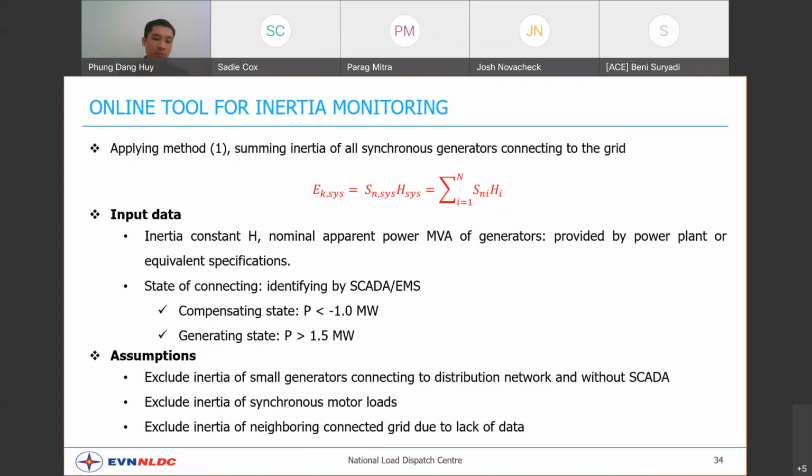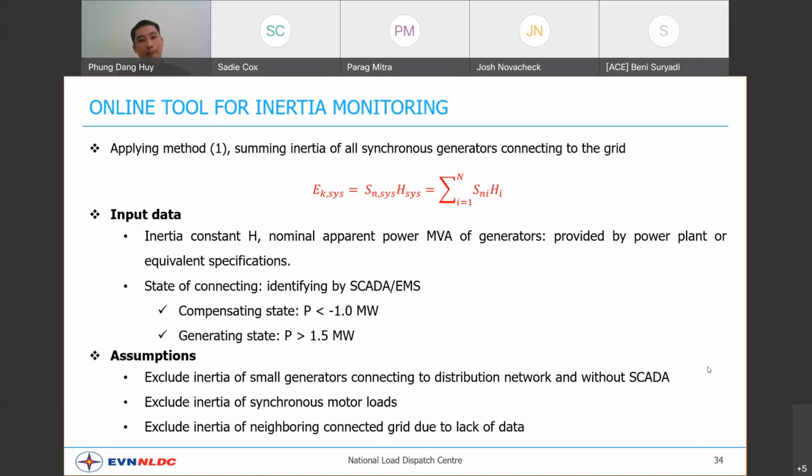But in our country, we prefer the output power, because sometimes some of the generators don't provide good quality circuit breaker signals, which can cause inaccuracy in our results. That's why we prefer the output power, and the criteria for generating and condenser modes of the generators are shown in the slide. And of course, like I have mentioned, this method has some disadvantages, and the assumptions are shown in the slides.